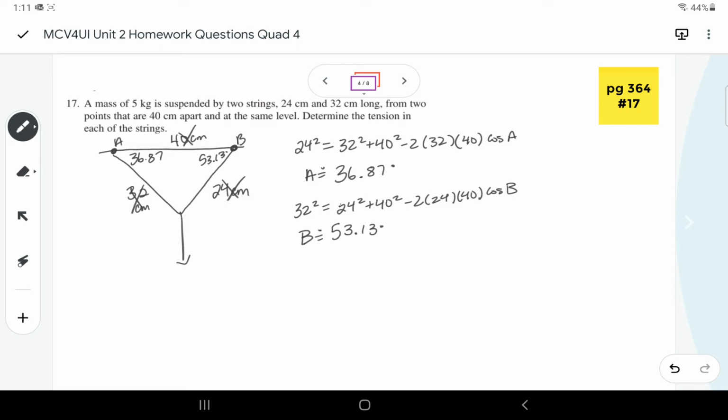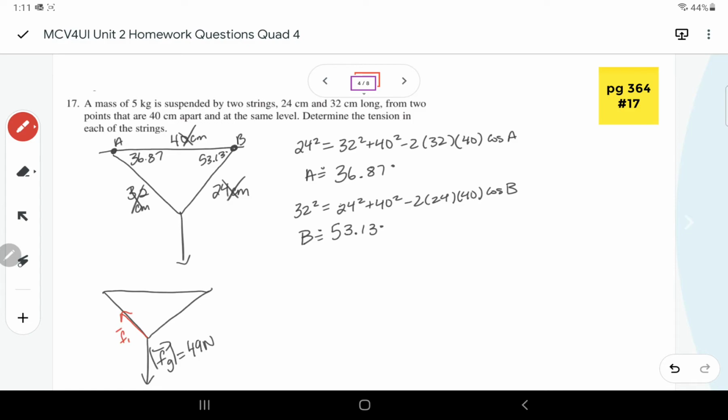We've got the force of gravity going down, with a magnitude of 5 times 9.8, which is 49 newtons going down.